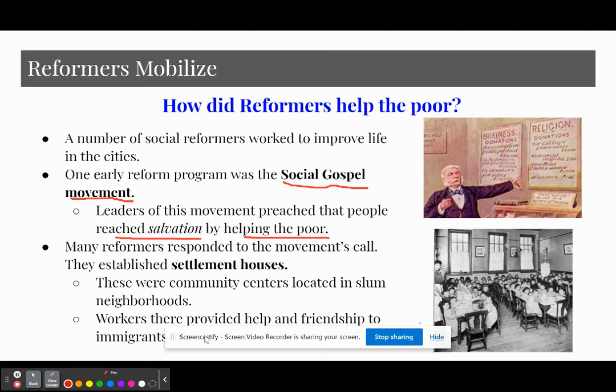So your salvation, your ability to get into heaven, to please God, was to help the poor. So many of these reformers responded to this calling and they established what are called settlement houses. These were community centers that were located in slum neighborhoods or poor neighborhoods, and workers there helped to provide friendship and other services to immigrants in particular or to the urban poor.